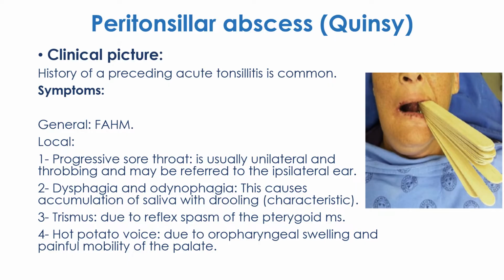Local symptoms include progressive sore throat, which usually starts on both sides and then becomes lateralized to one side, and then becomes throbbing pain, and it might be referred to the ipsilateral ear. The next symptoms are dysphagia and odynophagia, which cause accumulation of saliva and drooling, which is a characteristic symptom, trismus due to reflex spasm of the pterygoid muscles, hot potato voice due to oropharyngeal swelling, and painful mobility of the palate.